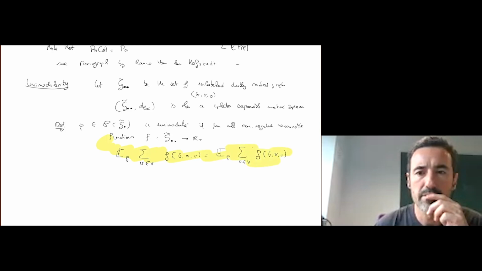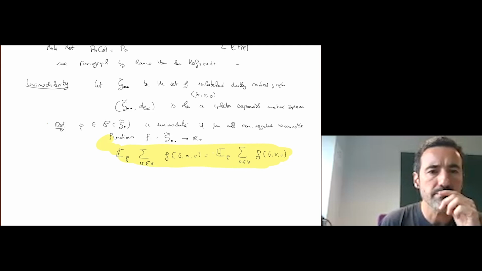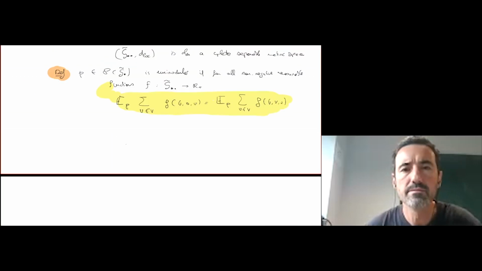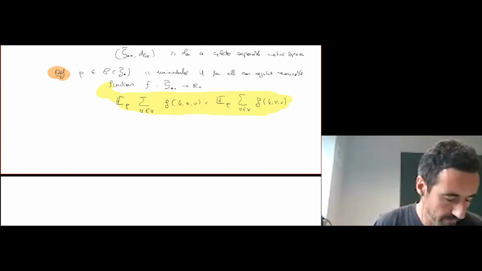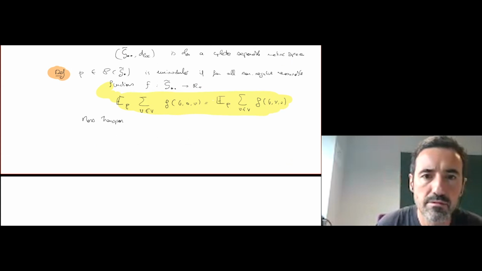Okay, so what I've done, I just switched the position of the root in the sum. So here it's the first term, here it's the second term, okay? So this is called the mass transport principle.